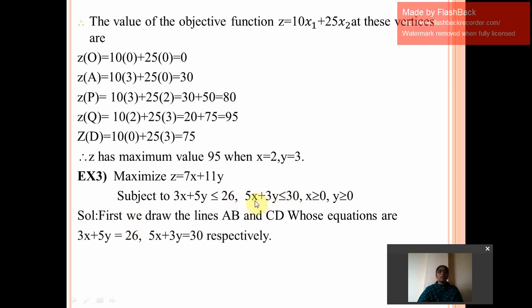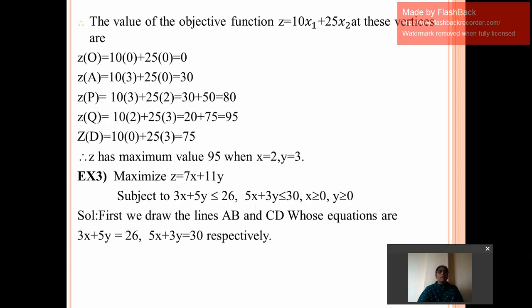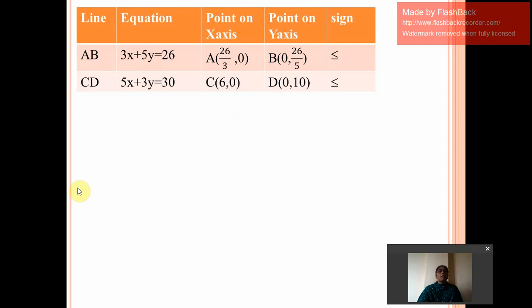Second constraint 5x plus 3y is equal to 30. Draw table. First column line, second column equation, third column point on x-axis, point on y-axis, sign less than or equal to.